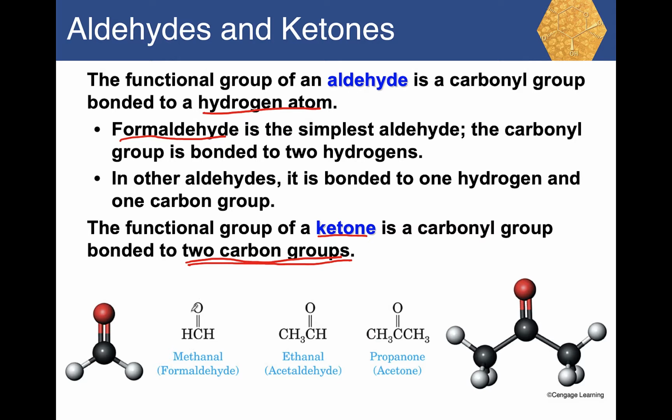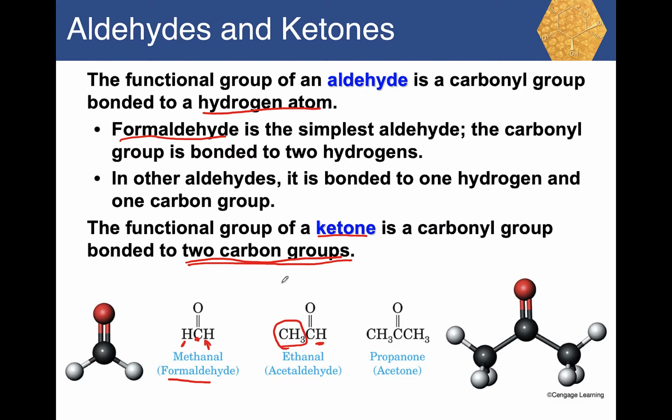Here are some examples. This is the carbonyl right here, and this carbon of the carbonyl is bonded to a hydrogen and a hydrogen. That makes it a specific molecule known as formaldehyde. Here's another example. Here's a carbonyl. It's bonded to a hydrogen and a methyl group back here, carbon-containing.